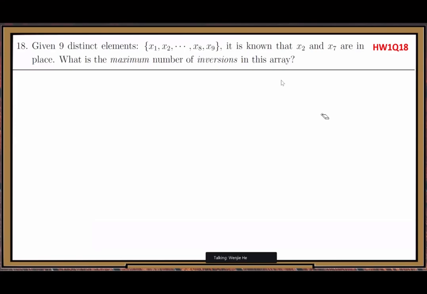It is known that these two elements, x2 and x7, are in place. So we need to consider how to work on these two special elements.